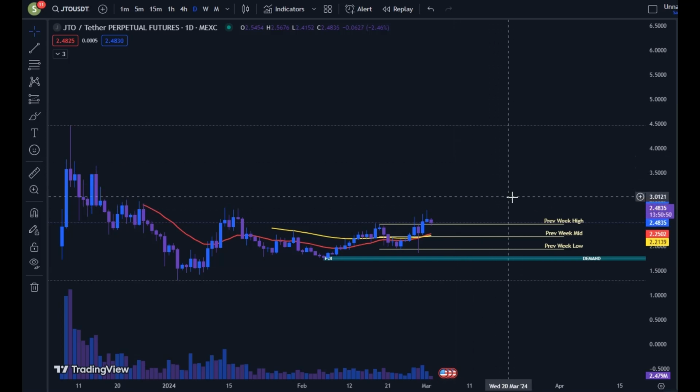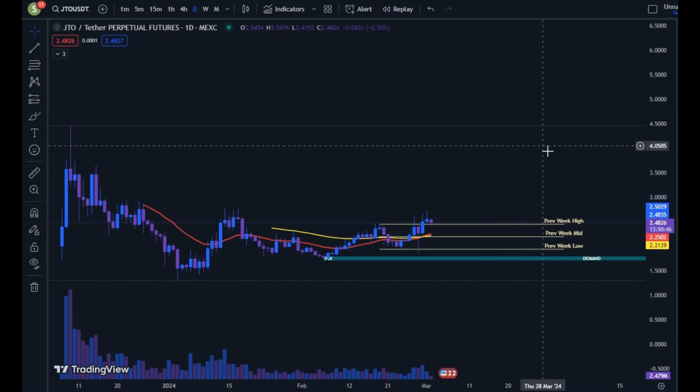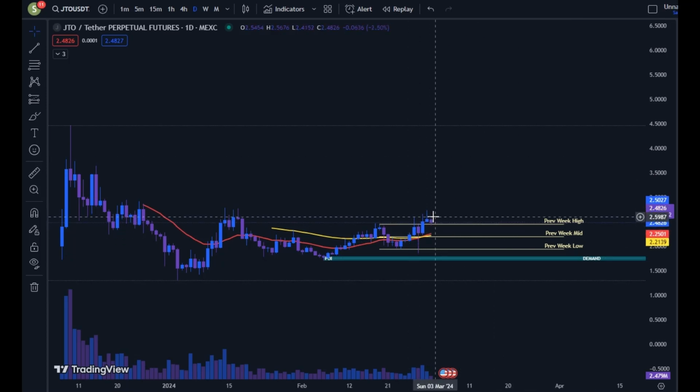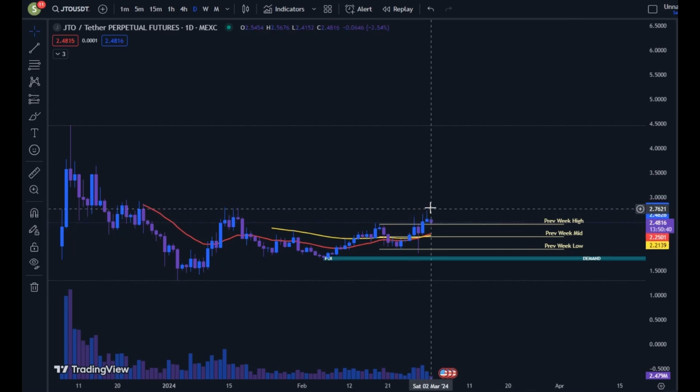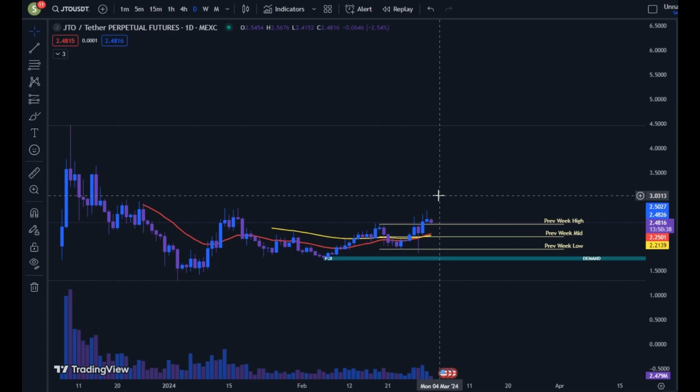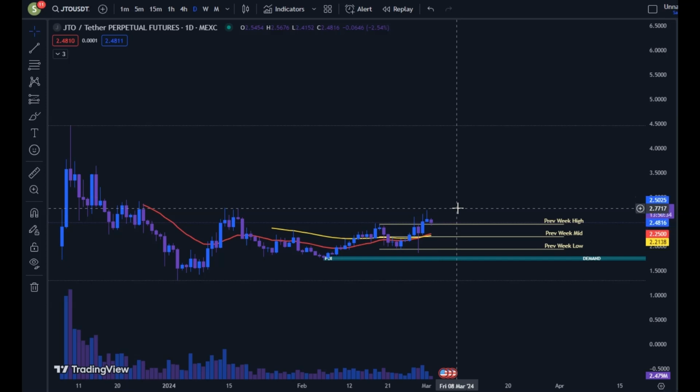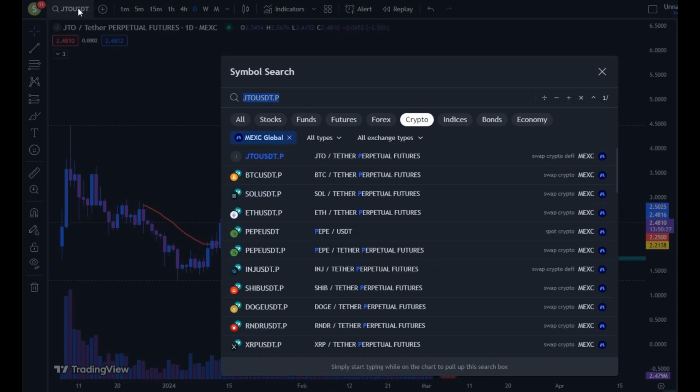Same again: lower high, push off, higher high, lower high. So I'd be waiting possibly for it to push out. See it come back to hold this area here around $2.07 and take a long. Let's have a look at the next one.